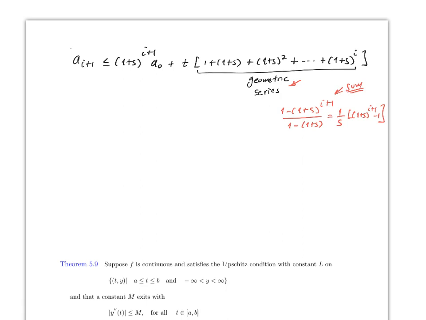So therefore, from here, we will end up with a_{i+1} less than or equal to (1 + s)^{i+1} a_0 plus t over s times ((1 + s)^{i+1} − 1).